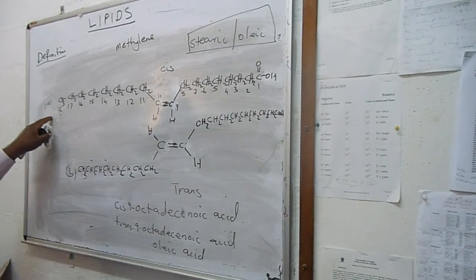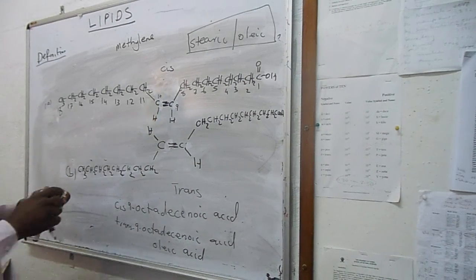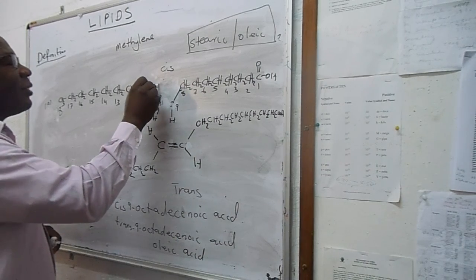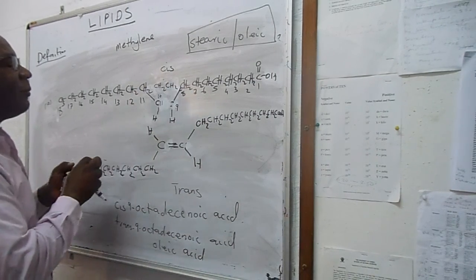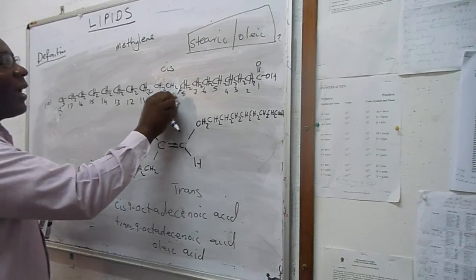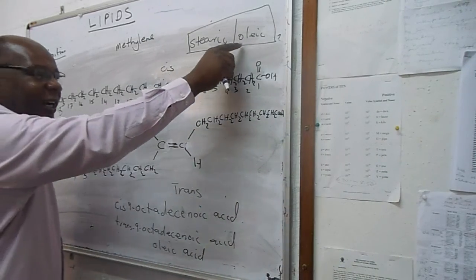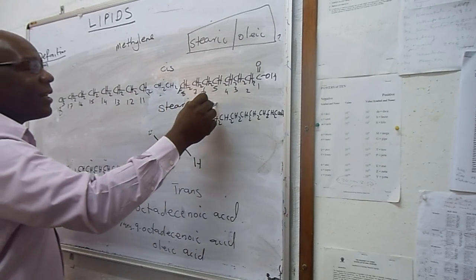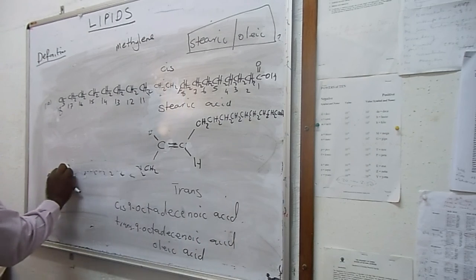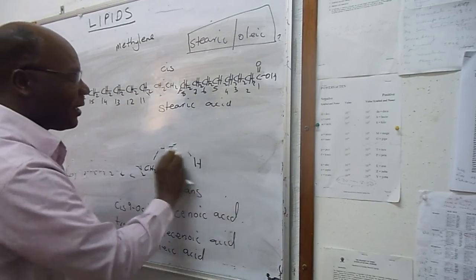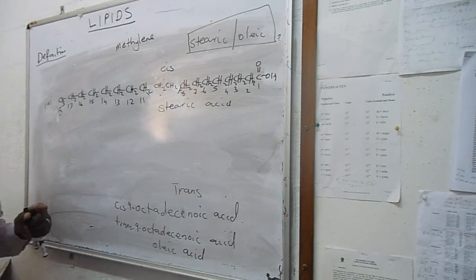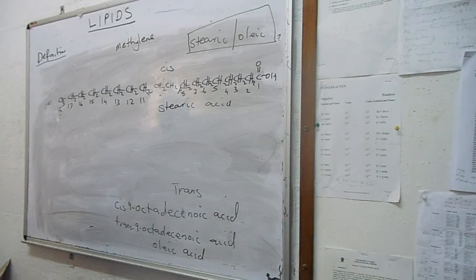That is the fatty acid that has 18 carbons and it is saturated. Please correct that mistake. This is the stearic acid. Now that you have corrected that previous lecture, let's proceed on.